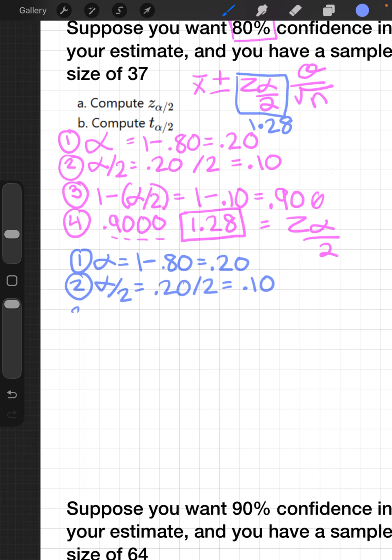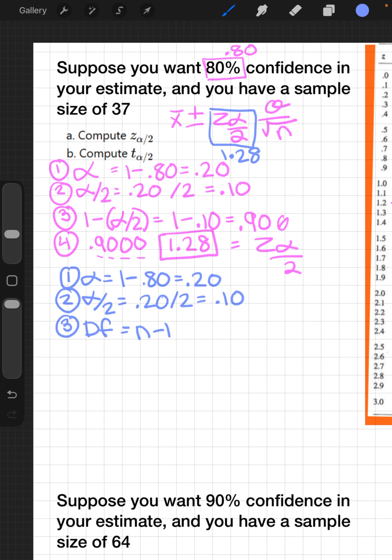And then what's different? We're going to find the degrees of freedom, which is equal to n minus 1. And we see right here our sample size is 37. So 37 minus 1 is 36. And then the fourth thing we're going to do, we're going to find it in the chart.